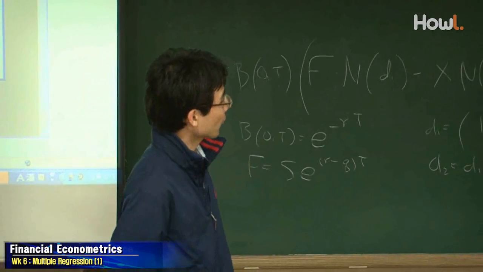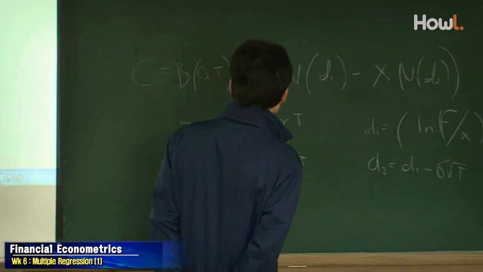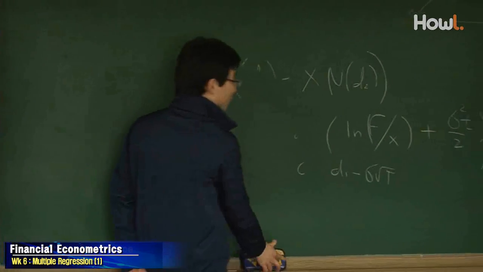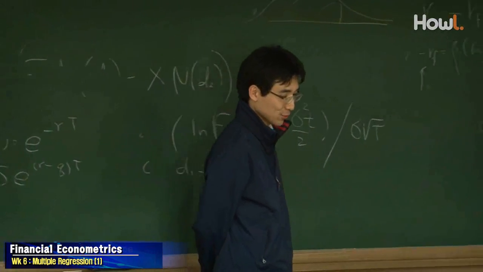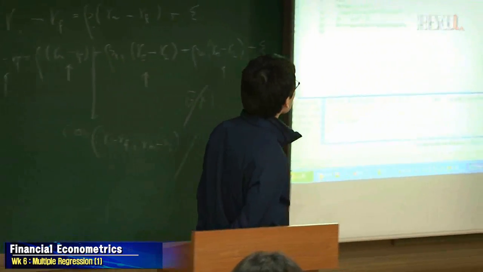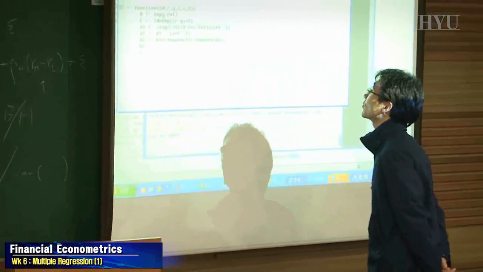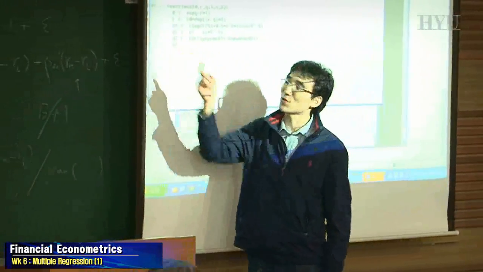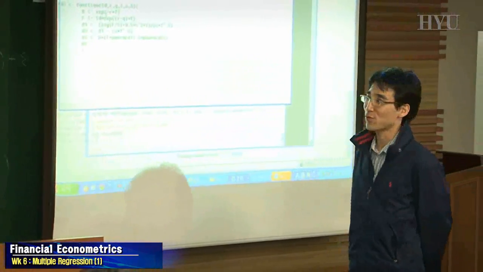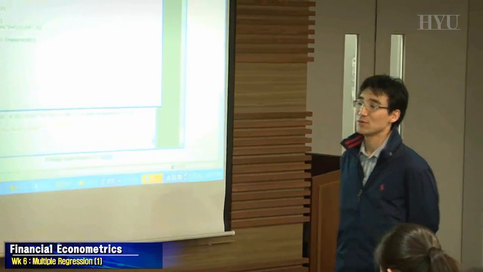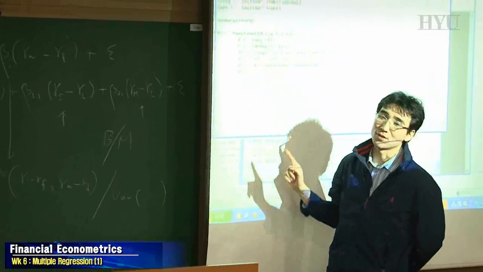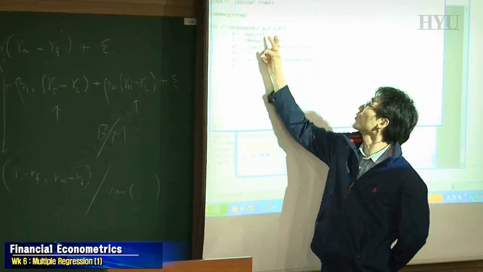Now I'll give you another R homework. Since I gave you the Black-Scholes formula, my next homework will be to calculate implied volatility. In this formula, if we have this input, we can calculate the value of the call option, right? Now, the homework for next week: given the option formula and everything else, I want you to calculate this volatility. Suppose we know all the other information.